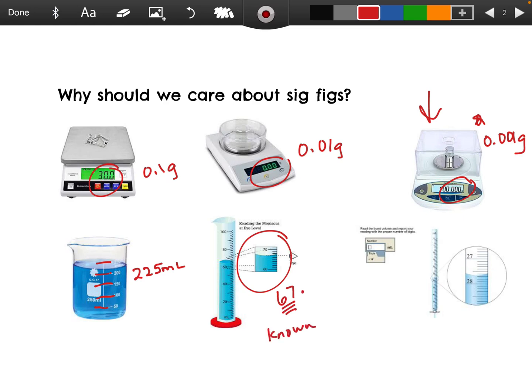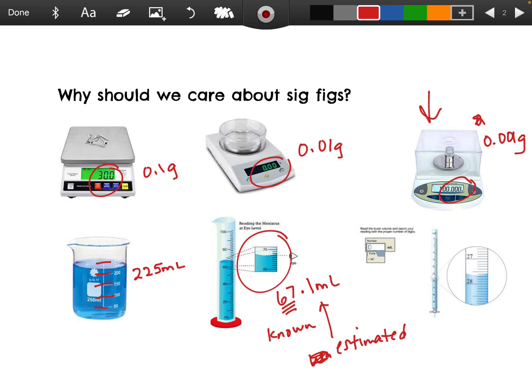But then whenever you measure something, you have to estimate 1 decimal place past your known values. So we might estimate that this is 67.1 milliliters. This last value is your estimated or uncertain value.